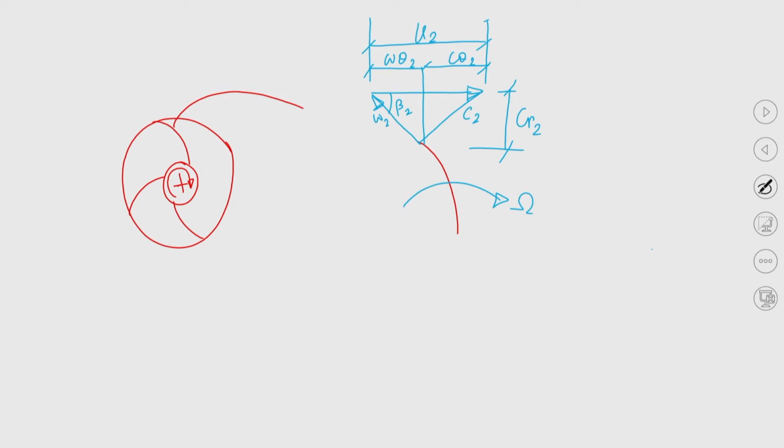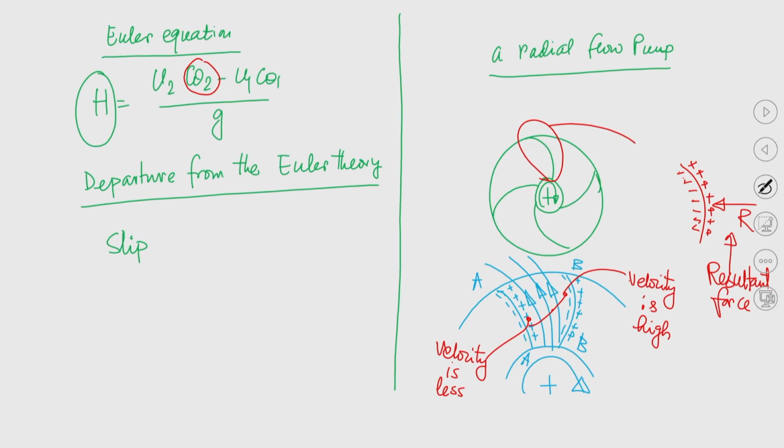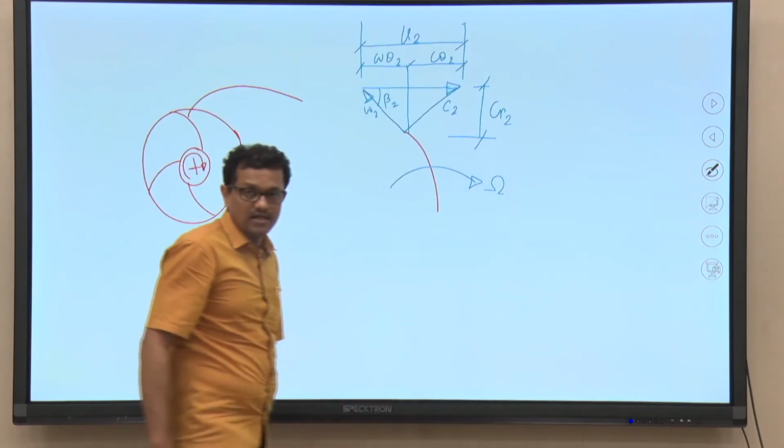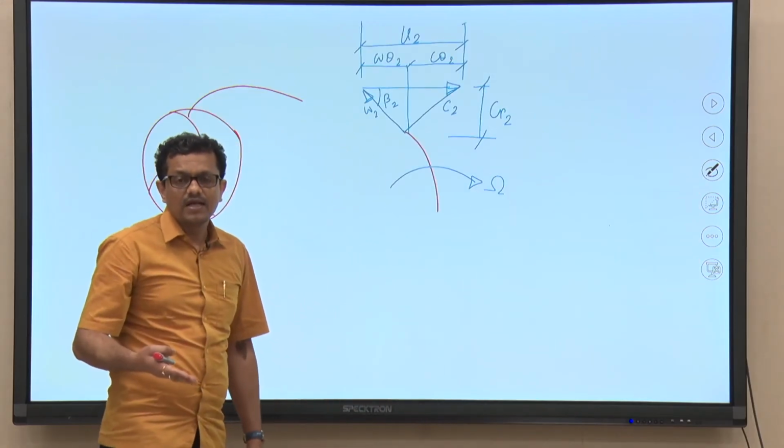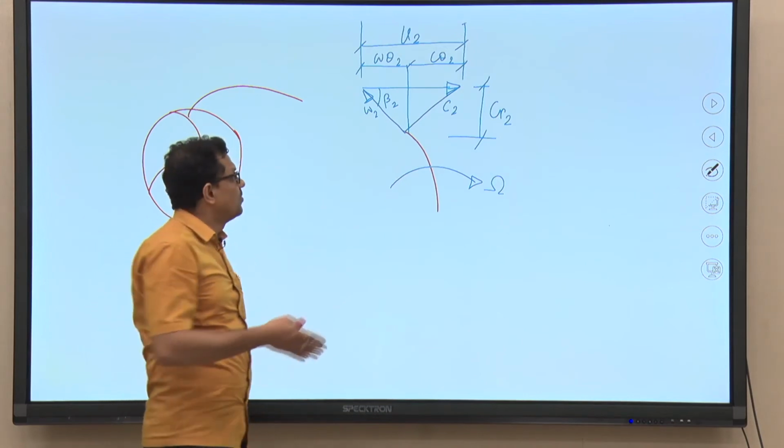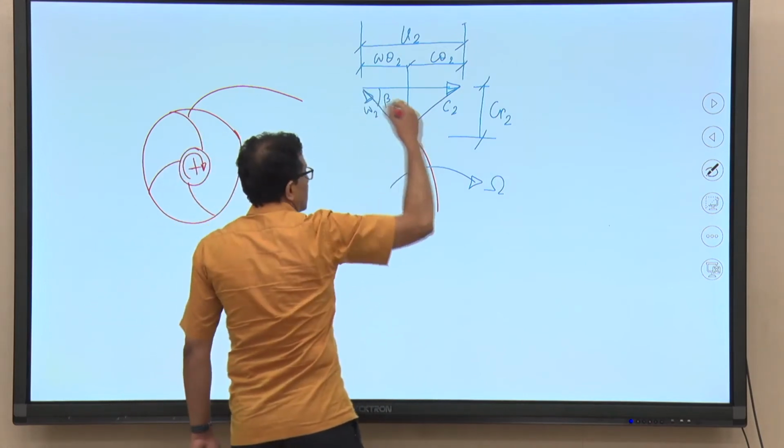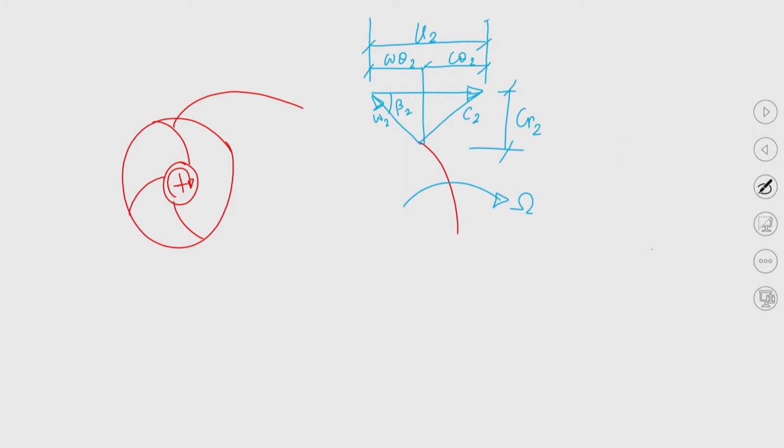Now, what I said in the context of the previous slide, we have discussed that due to this non-uniform velocity distribution in the flow passages when liquid is passing through the impeller, this non-uniform velocity distribution will be responsible for the mean flow direction leaving the pump impeller at its outlet to be changed. Now, I am taking green color.